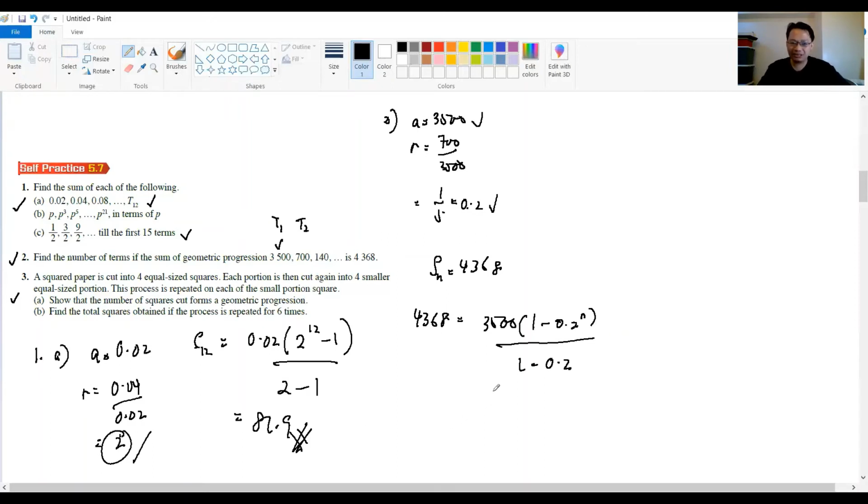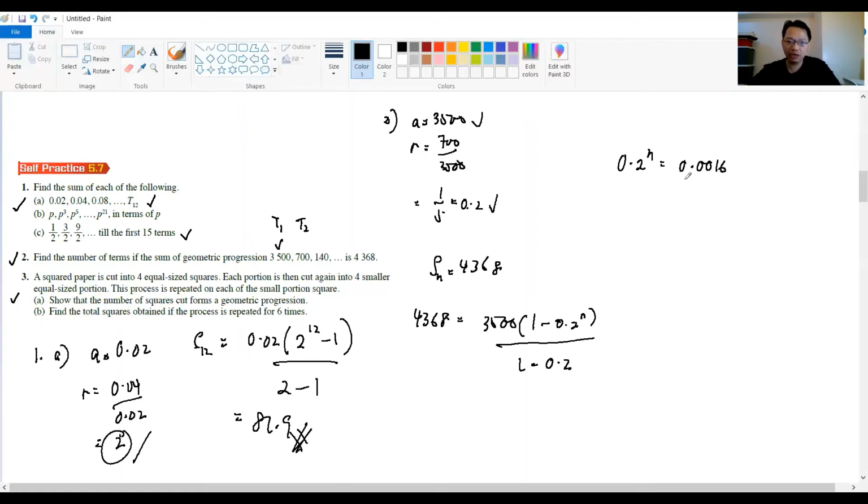Carefully calculate: 4368 times 0.8 divided by 3500, then 1 minus the answer. After I simplify this, we are supposed to get 0.2 to the power n equals 0.0016. Guys, this is what we are supposed to get after simplifying.